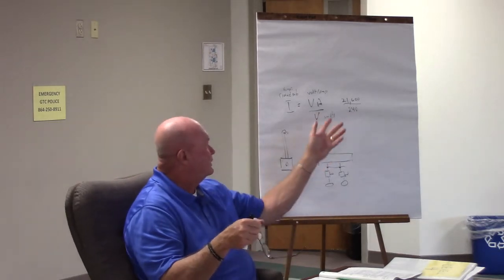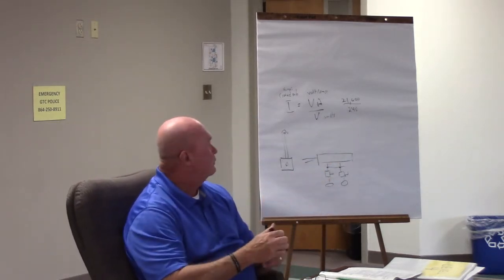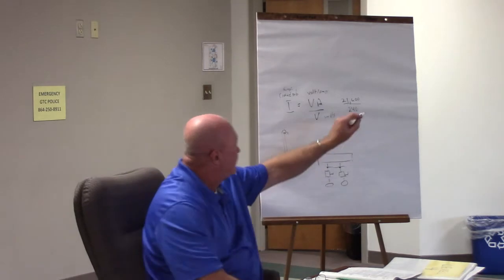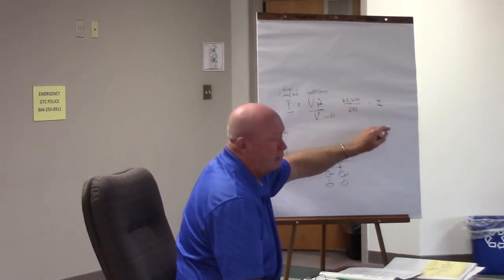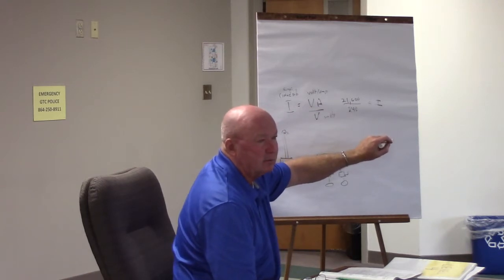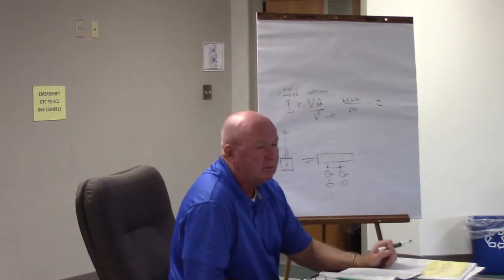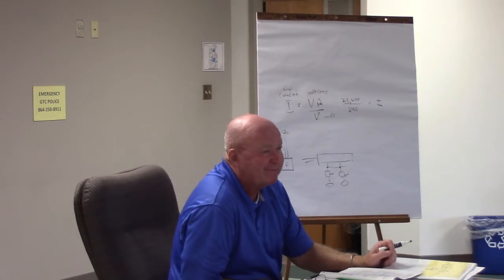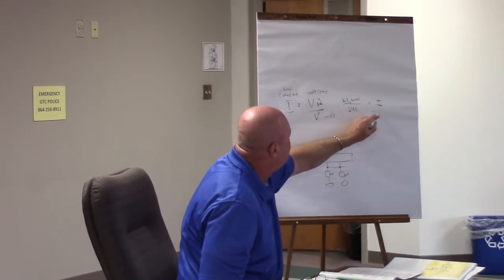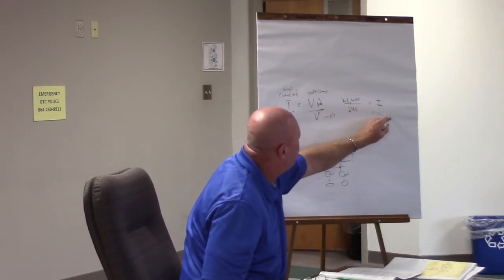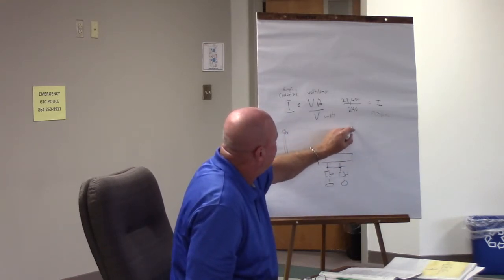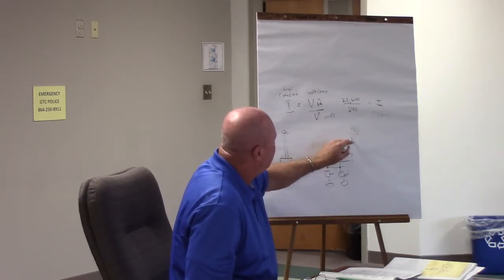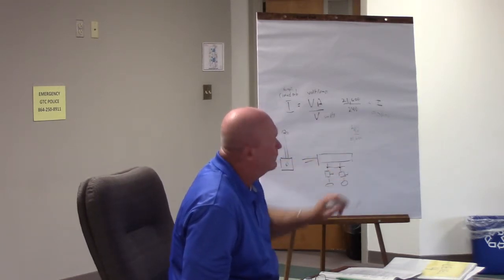So 21,600 divided by 240 is going to give us I, which is equal to what? If you do the calculation, somebody do the math. 90. If you wanted to check yourself, you would multiply 90 times 240, and hopefully you get 21,600.